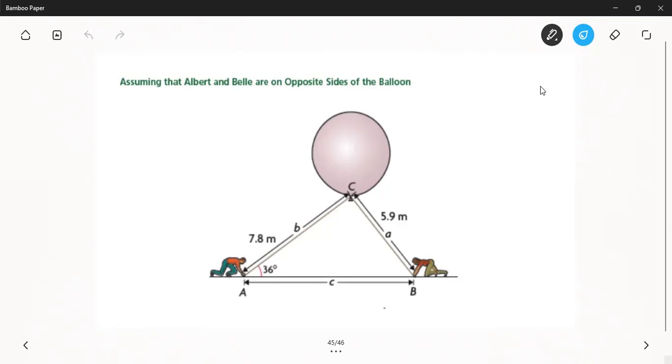Now, we talked about the angle, which is 36 degrees from the side that Albert is holding the rope with respect to the ground. And the task that we're looking for is: what is the distance between Albert and Bell for this instance? But remember, that's the thing which we want to understand. That's why I put the question mark.